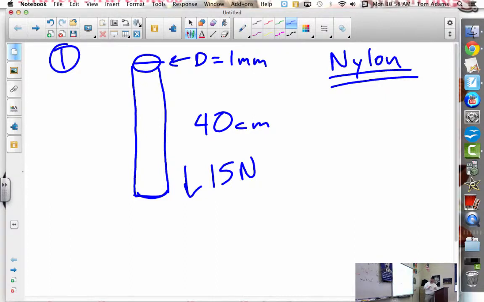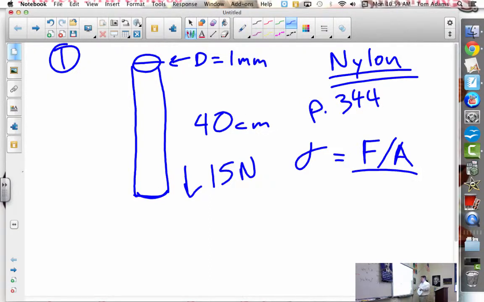Now, if you go to page 344 in your textbooks, and this is also in your notes, there's several examples, but one example is that Young's modulus, which is a comparison of the ratio of the strain and stress, is equal to the force over the cross-sectional area, perpendicular to the force that's applied, all over the change in length divided by the original length.